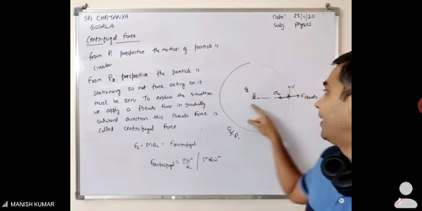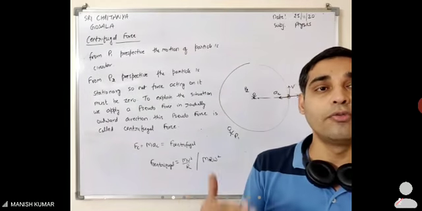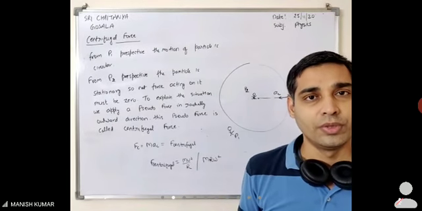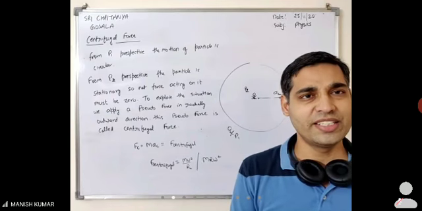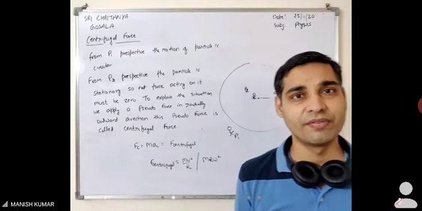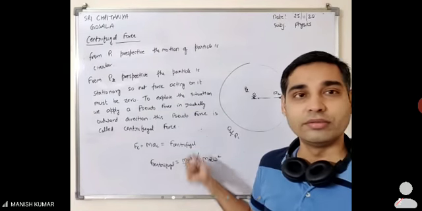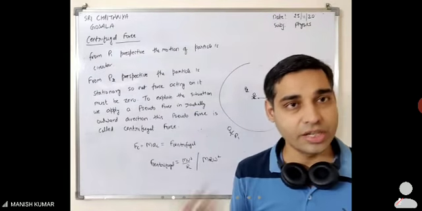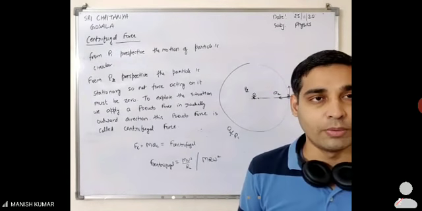Radially means along the radius. That is called centrifugal force. It's the same term as fugitive. It's hypothetical, it is not a real force. It's a pseudo force. You get the point?